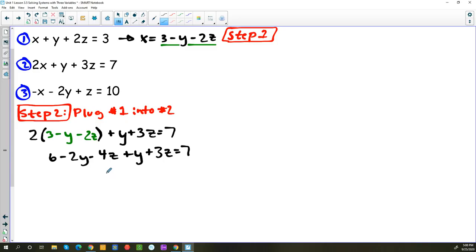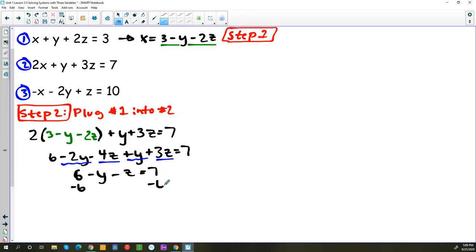Combine like terms as much as you can. In this case, we have 6. We have a negative 2y and a positive y, which means we have a negative y. We have a negative 4z and a positive 3z, so that means we have a negative z equals 7.